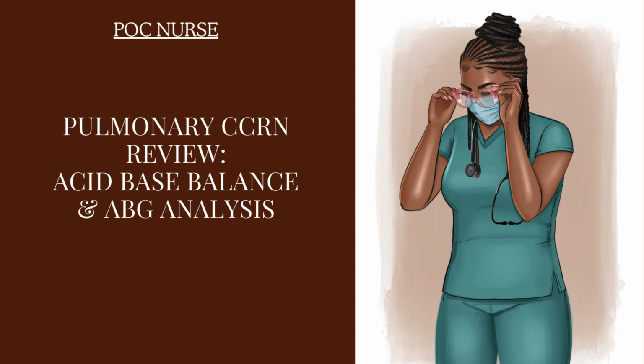CO2 is controlled by the respiratory system, and bicarbonate is controlled by the kidney in metabolic processes. We talked about the anion gap. We talked about compensated, uncompensated, partially compensated acid base imbalances. We talked about the difference between correction of an acid base imbalance and compensation of an acid base imbalance.